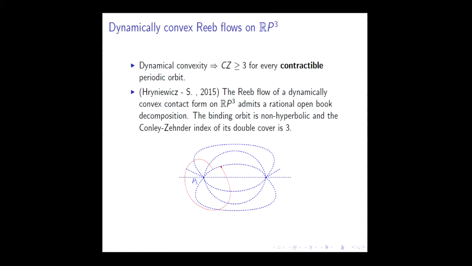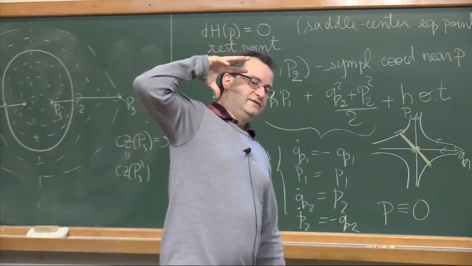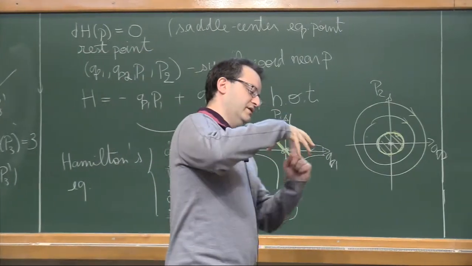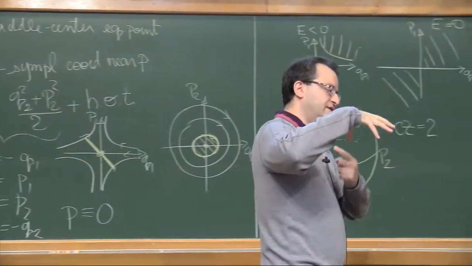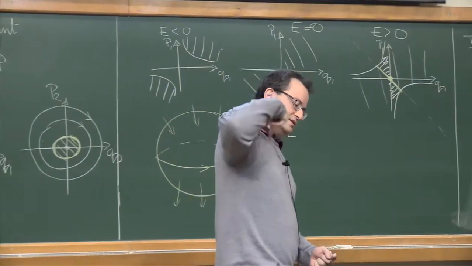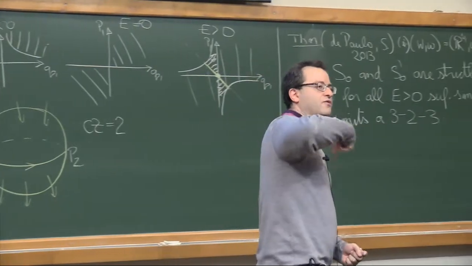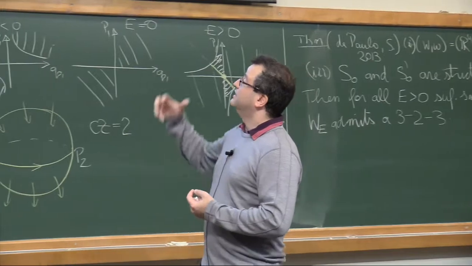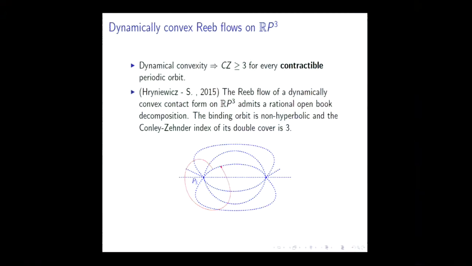But now the picture is essentially the same, but the asymptotic limit is the double cover of a non-contractible periodic orbit. We must have in mind here that each leaf is converging to the double cover of a periodic orbit, which has index 1.